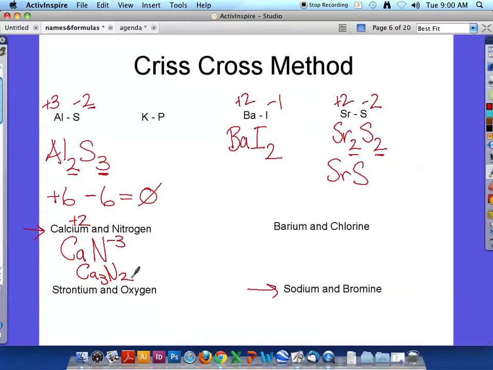Right. Okay, sodium is Na plus, Br minus gives us NaBr. Okay? That's right. That's sodium bromide.